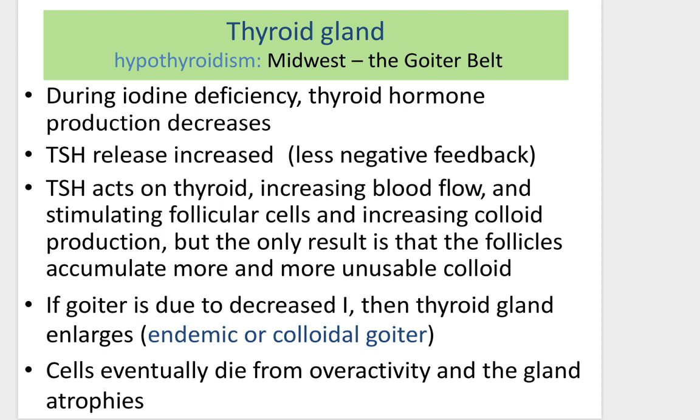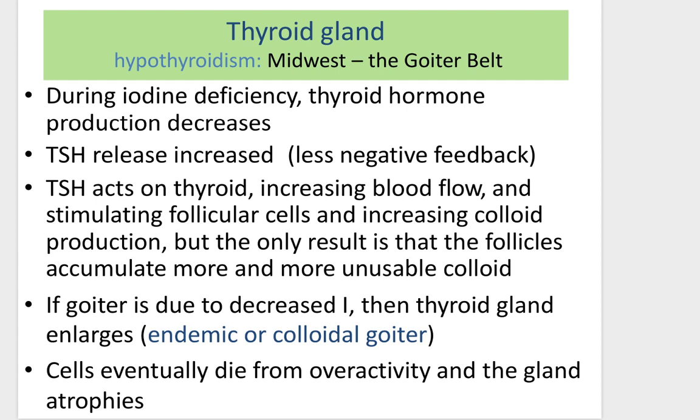But in recent years this problem was resolved in a very simple way. All these regions and most of these countries use iodized salt in everyday usage. That's why the problem of iodine deficiency today has very largely decreased.